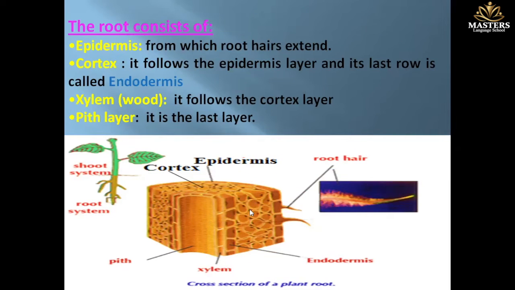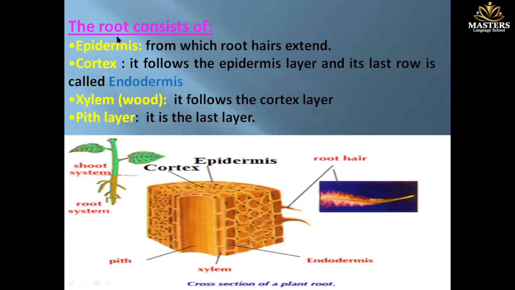Yes, this one is called the cortex. Then the xylem layer or wood tissue. It follows the cortex layer. And between the cortex layer and the xylem, there is a layer called the endodermis. Then the last layer is called the base layer.